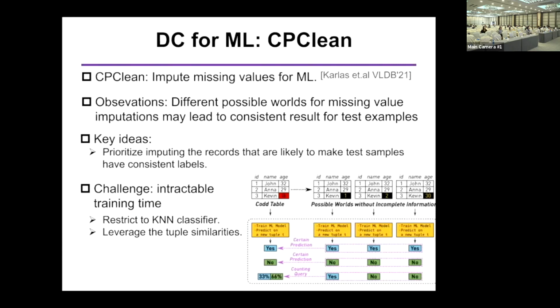So a straightforward method is to train all the models and make predictions, which is too expensive because training is inefficient and the possible world is extremely large. So CPClean addresses this problem by restricting the models to the KNN classifier. In this way, to compute whether an example is a certain prediction, we only need to consider the similarity score between the example and the training data rather than training the models.